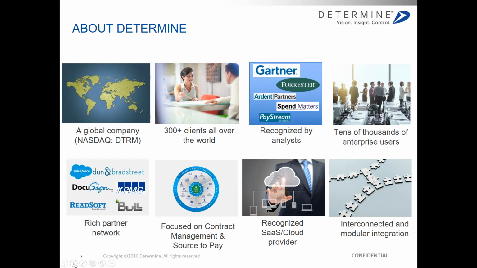As an organization, we are a global company focused on solving real-world problems for contract management and source-to-pay practitioners. We have deep roots in contract management, where we work with clients all over the world to really solve the challenges of contract and commercial management, as well as source-to-pay. Recognized by the analyst community, we provide our technology and services to tens of thousands of enterprise users around the world.